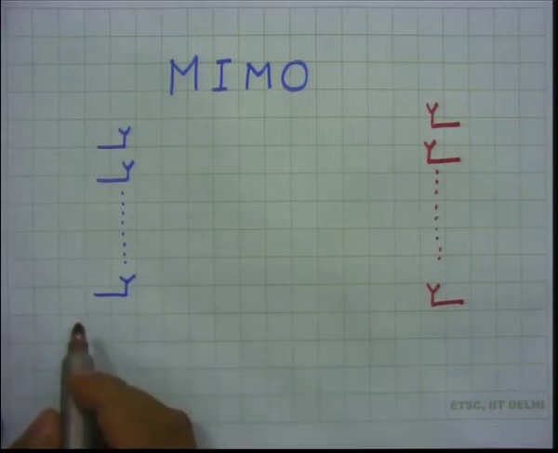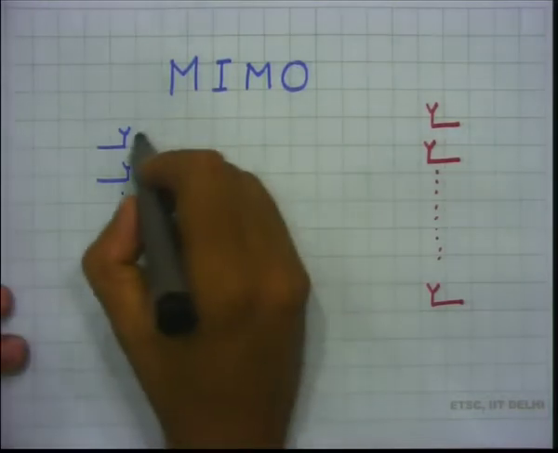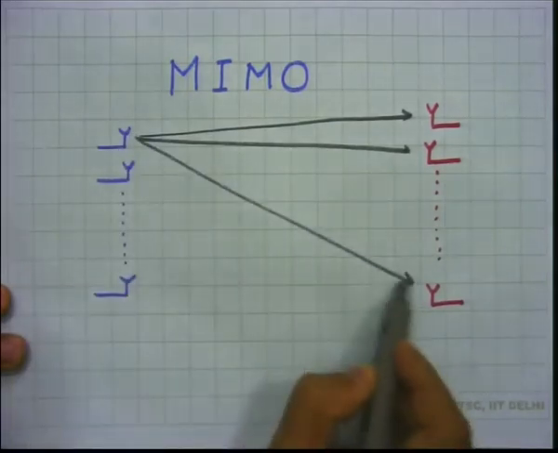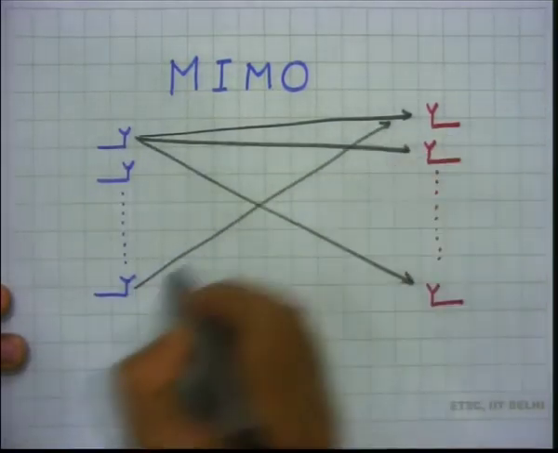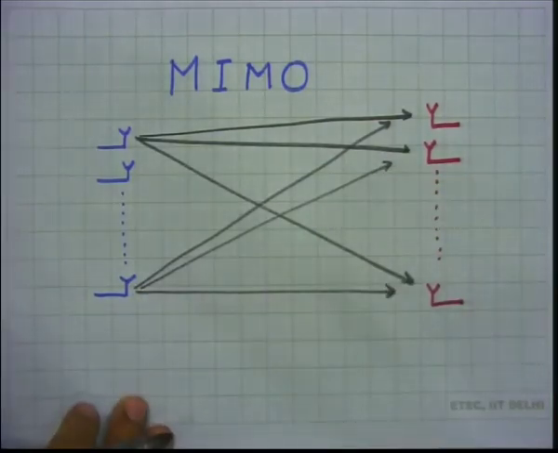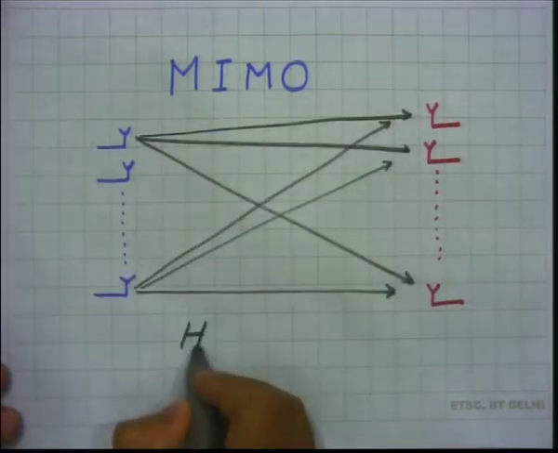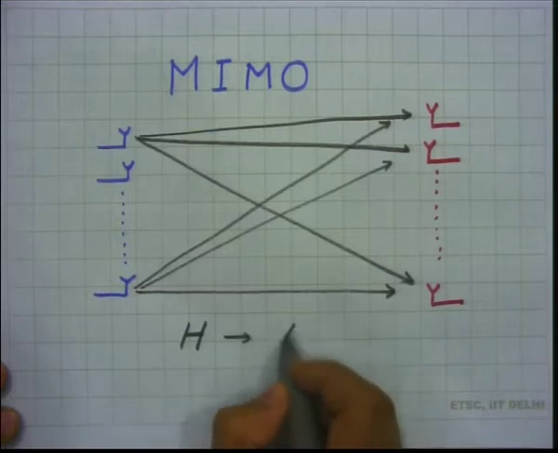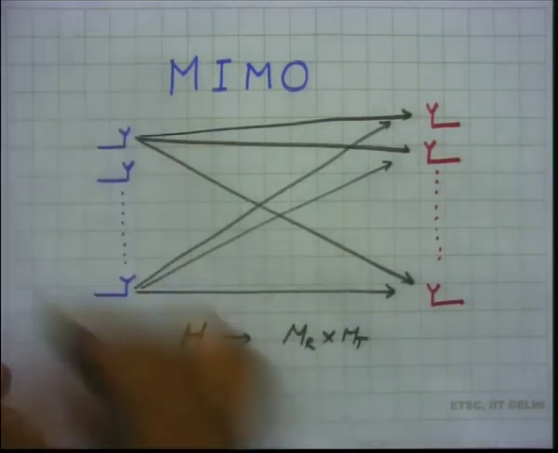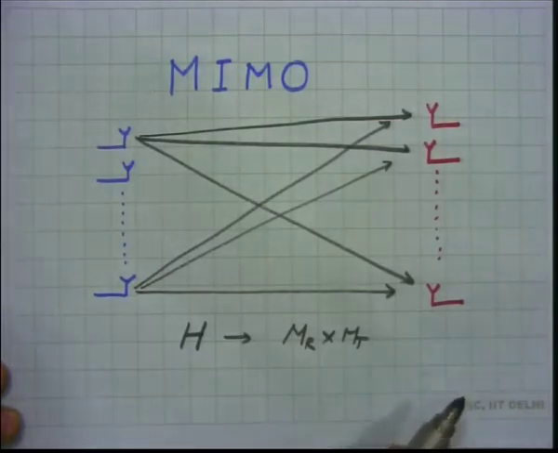So, I can have the linkage between the transmit and the receive antennas. As you can see, I have a channel matrix H, which is of the dimension MR into MT, where MR could represent the number of antennas on this side and MT could represent the number of antennas on this side.